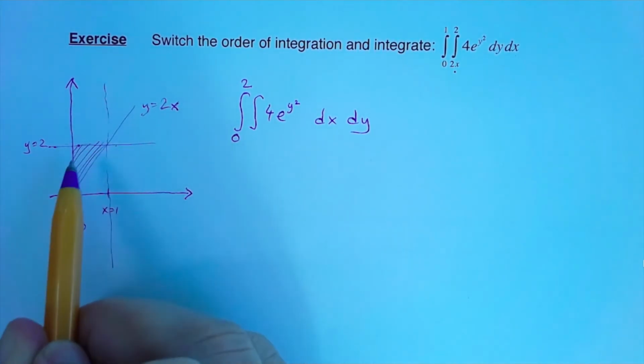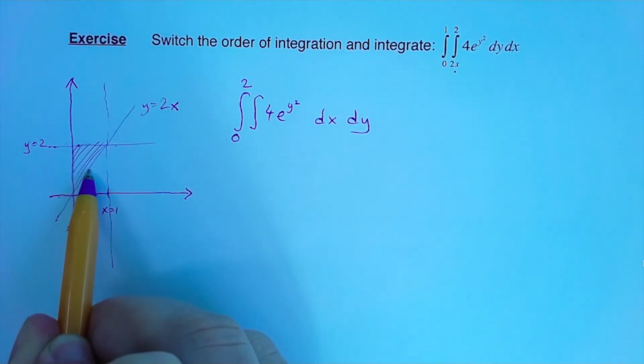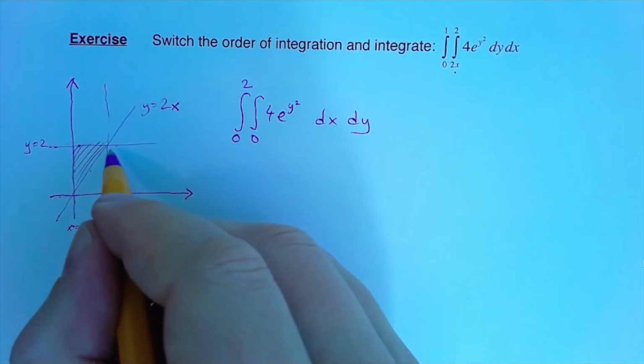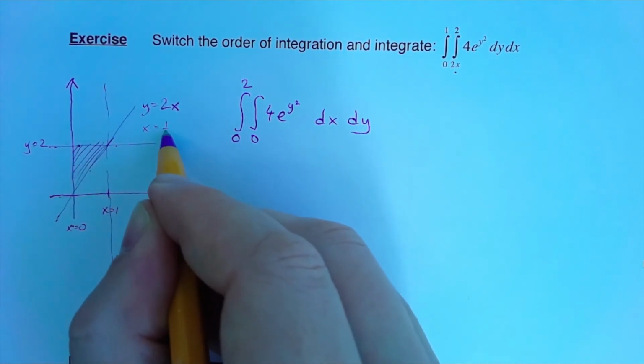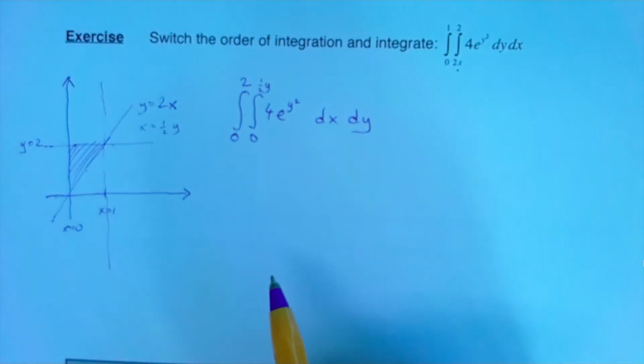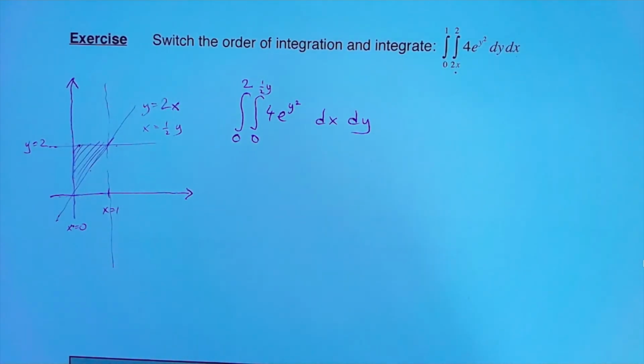And then x goes from 0 to this. So x goes from 0, and this line here in terms of x is 1/2 y. So from 0 to 1/2 y. I hope this makes sense. This is certainly the hardest thing in this section.